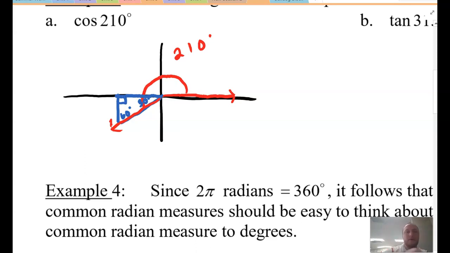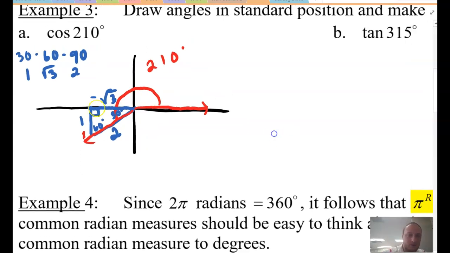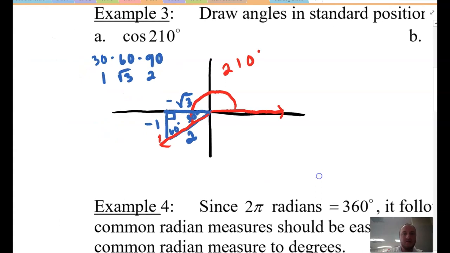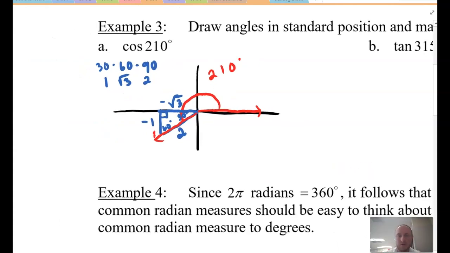Again, remember 30, 60, 90: the side lengths are 1, root 3, 2. So the hypotenuse is the biggest, that's 2. Across from the 30 is the smallest, that's 1, and root 3 is on this side. It's also important to note this is in the third quadrant, so our root 3 is negative, as well as our 1 is negative. And there's your reference triangle.